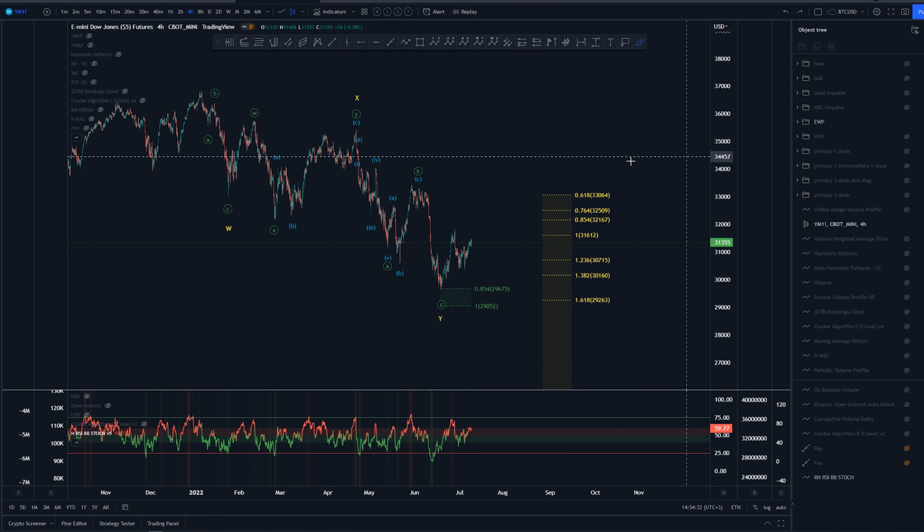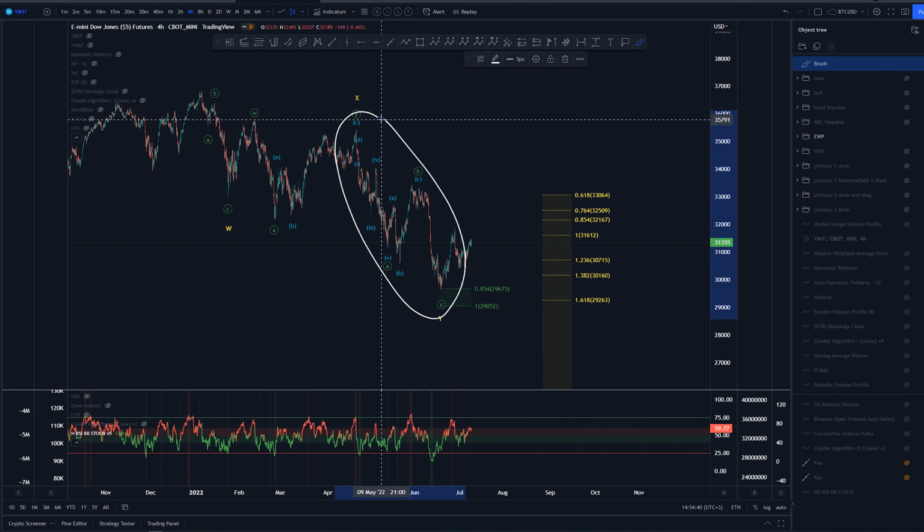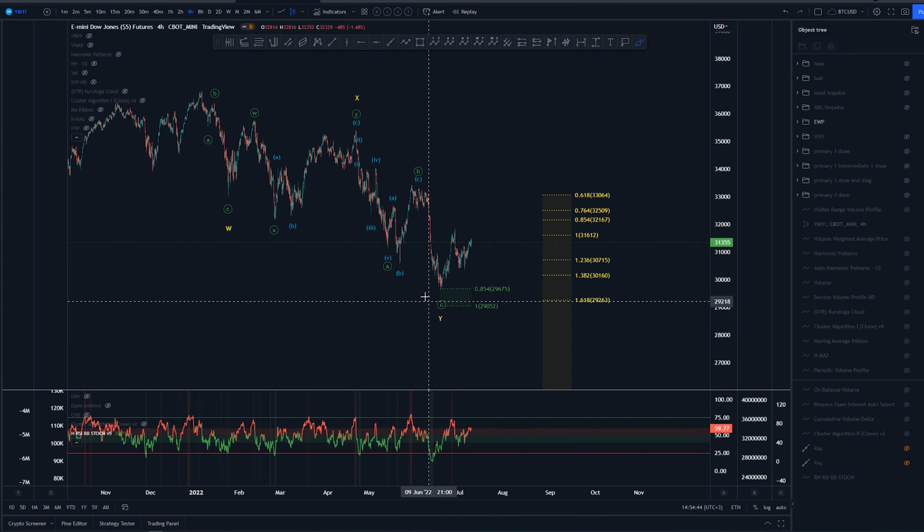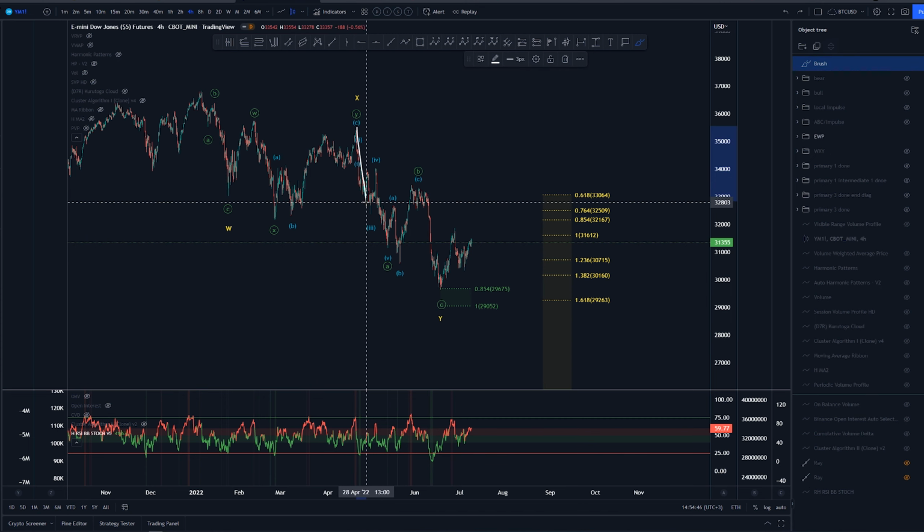Again, this is the original Elliott Wave book, the rule set in which we can't have a complex correction within a complex correction. So I have to be having a simple correction within this wave Y. So we can't have WXY here.